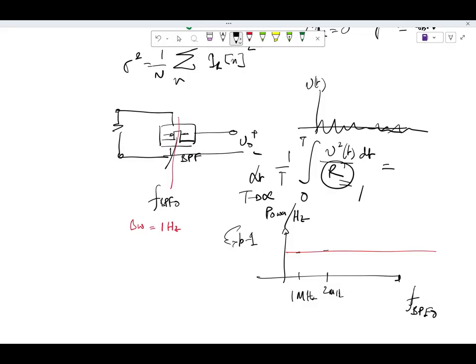You can show it using theory, and you can do it with experiment also. I'll just tell you what the experimental value will be: this will be equal to 4 times k times T times R. Obviously k is the Boltzmann constant and T is the absolute temperature. You don't have any control over that, definitely not over 4. R is the only thing that matters.